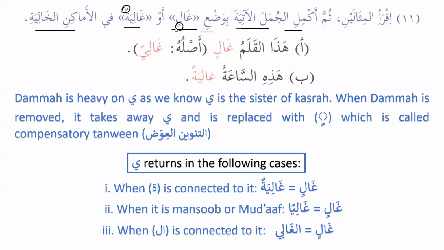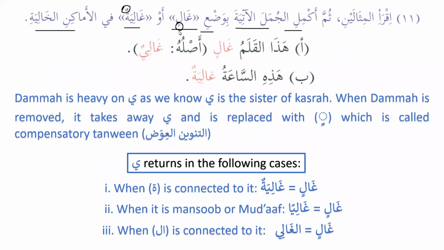Now, if you look at غال, you might be thinking that غال is majroor, right? Because we know dhammatan, fathatan, and kasratan. So when we have dhammatan, that is marfu', and when we have fathatan, it is mansub, and when we have kasratan, it is majroor.